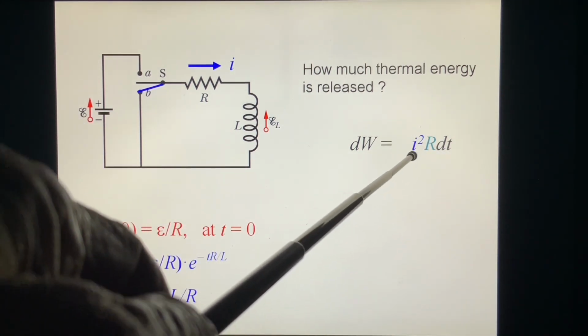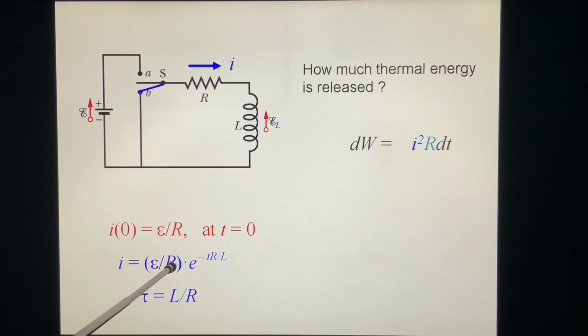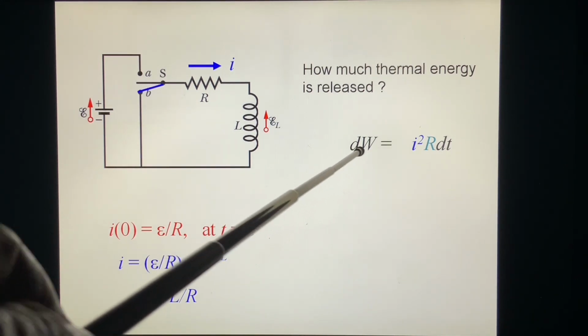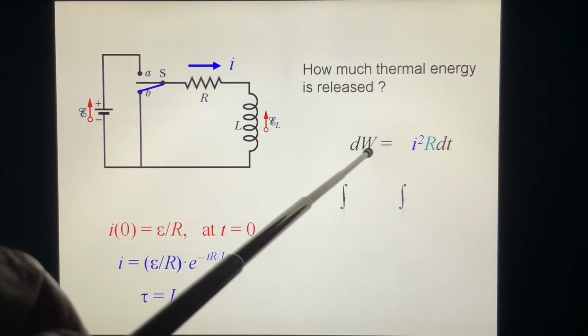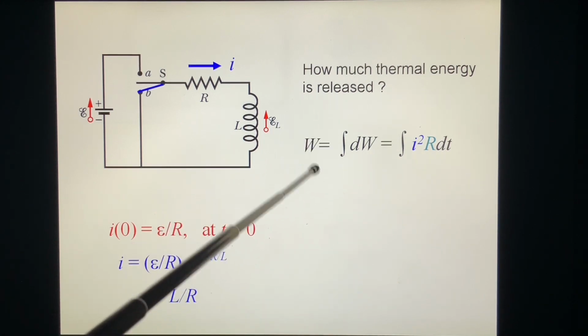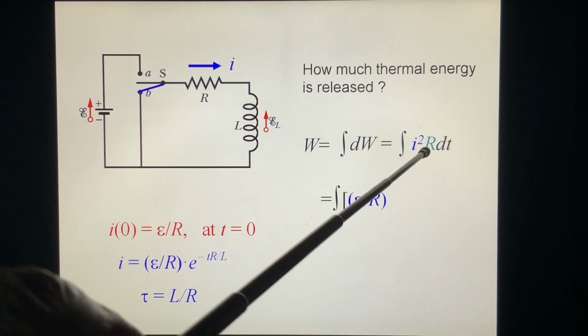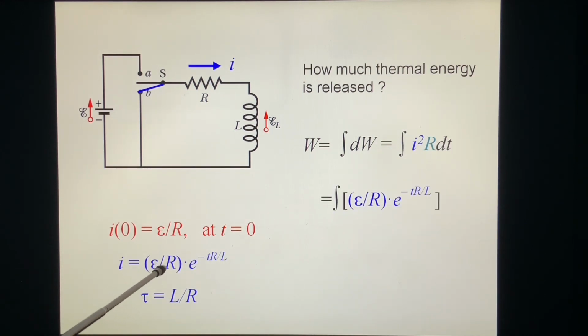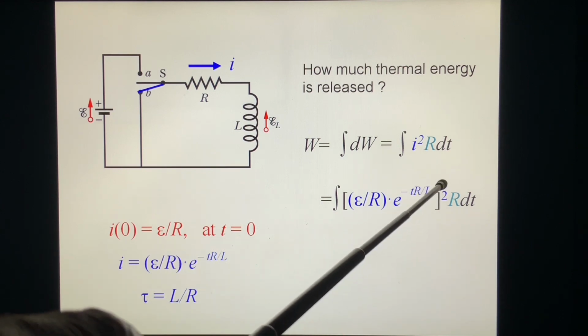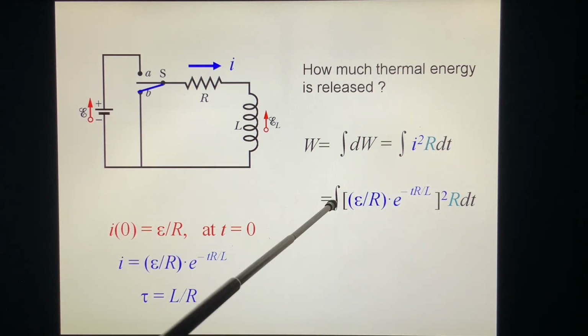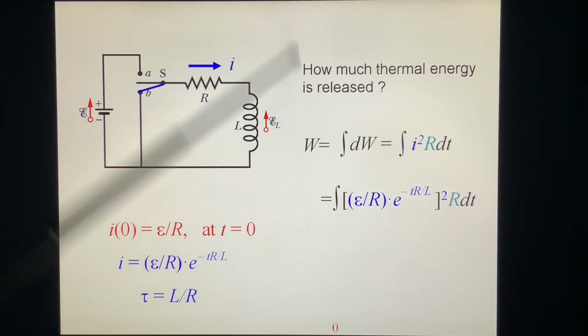This I changes, and the total energy is the integration. W is the integral of this, and we put I inside: epsilon over R times e to the minus t over tau, squared, times R dt, integrated from 0 to infinity.